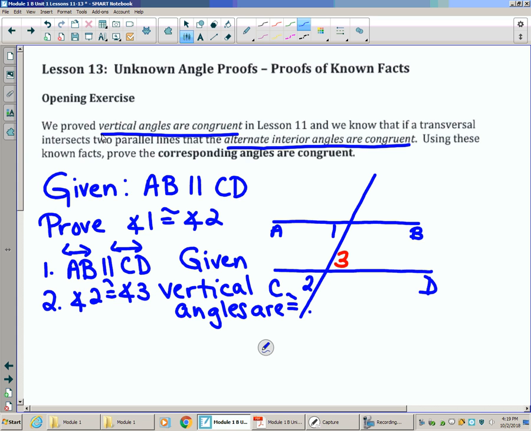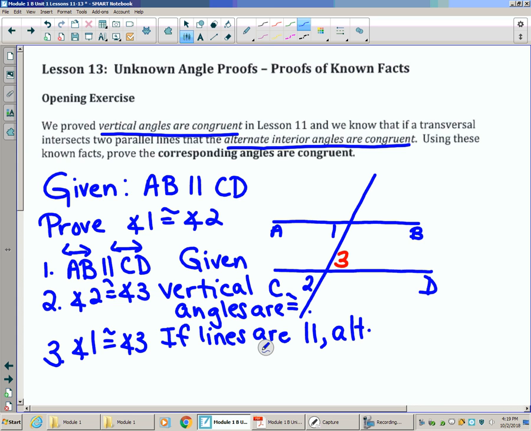Step 3, we could say that angle 1 is congruent to angle 3 because if lines are parallel, the alternate interior angles are congruent.